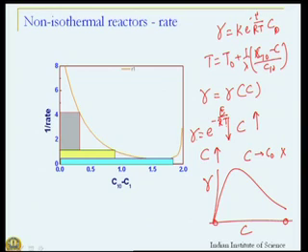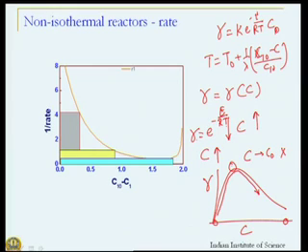So, at both low concentrations and high concentration, the rate is low, passing through a maximum as concentration is increased. Both these effects counterbalance each other and will pass through a maximum.